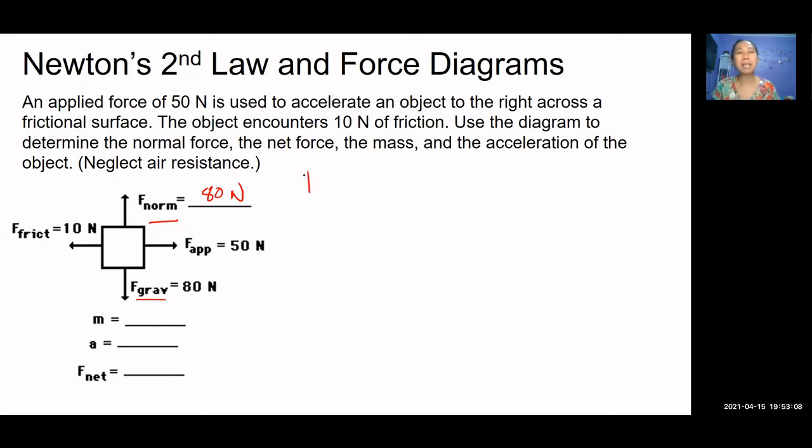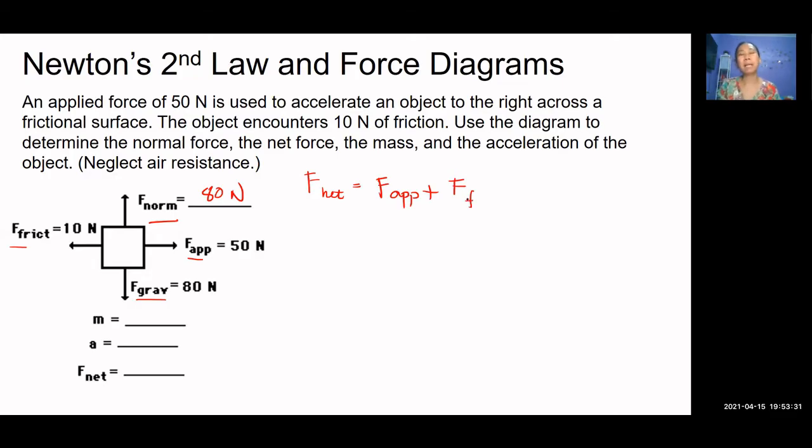So pag sinabi natin net force, i-add lang natin yung mga forces natin doon sa ating object. So in this case, ang movement natin na kino-consider is along the horizontal. So yung dalawang forces acting along the horizontal is yung applied force and yung frictional force. So i-add lang natin tong dalawa na. So applied force plus friction force.